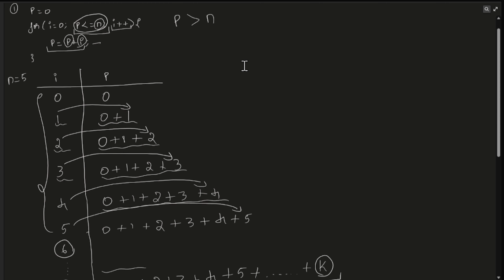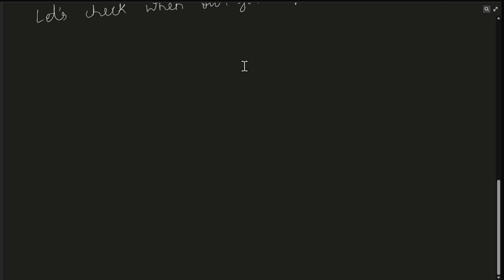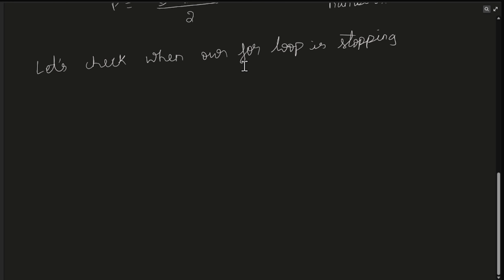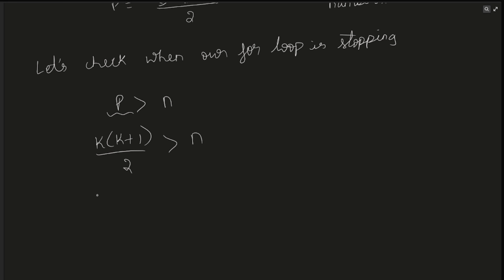This will lead us to find our k. The for loop stops when P is greater than n. We know P, which is k into k plus 1 by 2, which is greater than n. From here on, it is just basic mathematics to find the value of k.